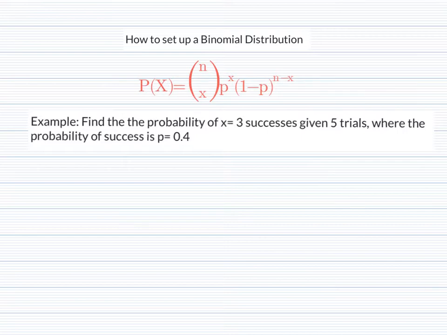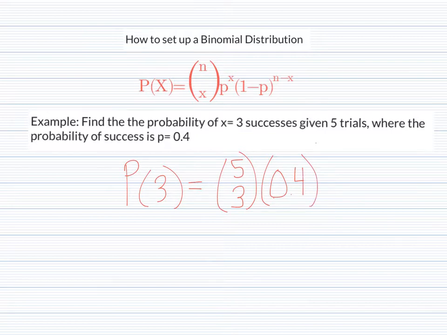We're going to find the probability of 3 successes, which is 5 choose 3, times 0.4 to the 3 successes power, times 1 minus 0.4 to the 5 minus 3 power.